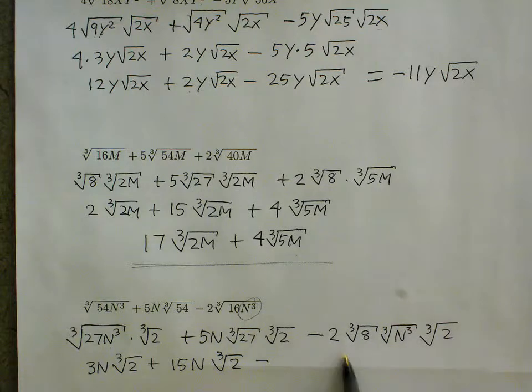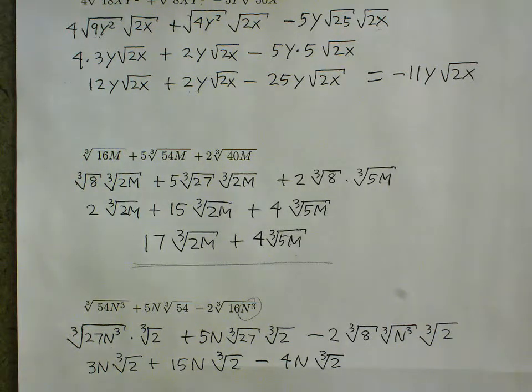Then for the next term, the cubed root of 8 is 2, and the cubed root of n to the third is n. So minus 2 times n is minus 4 times n times the cubed root of 2.